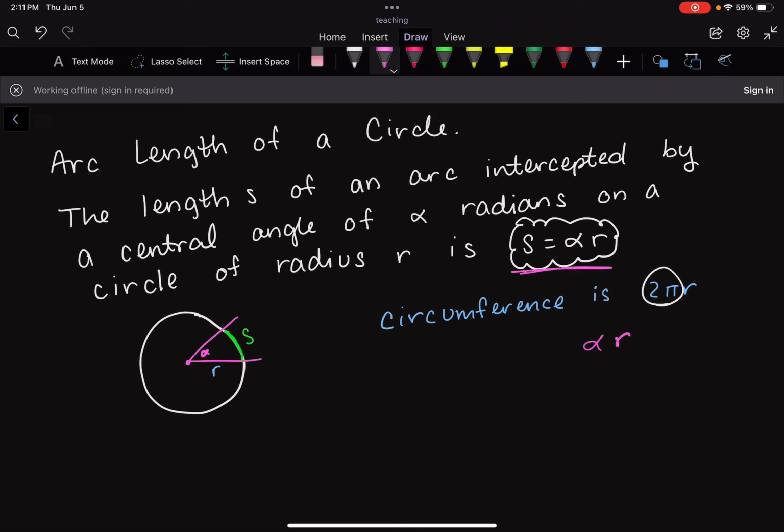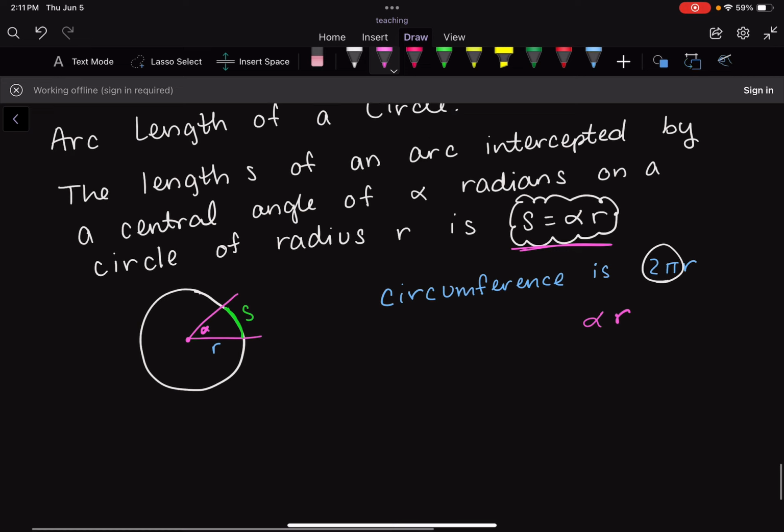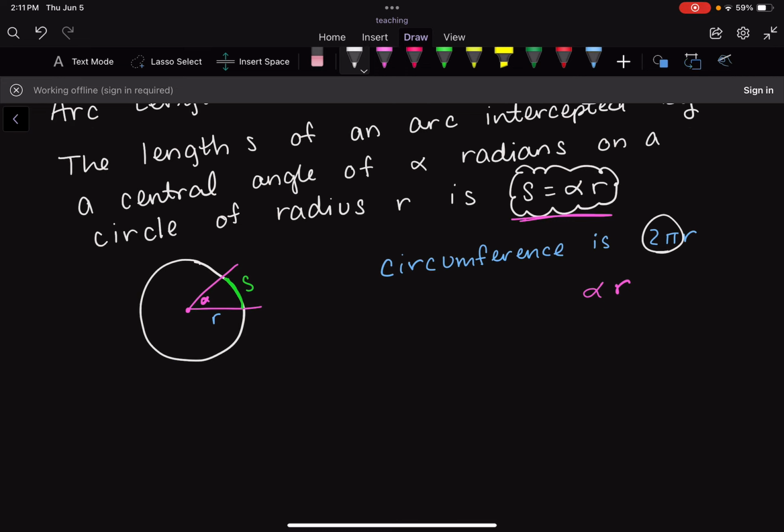So let's go ahead and do an example. This will be example 3, finding arc length.